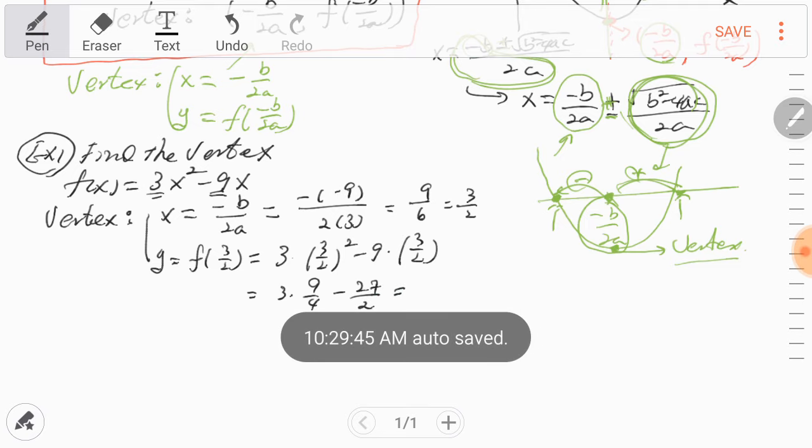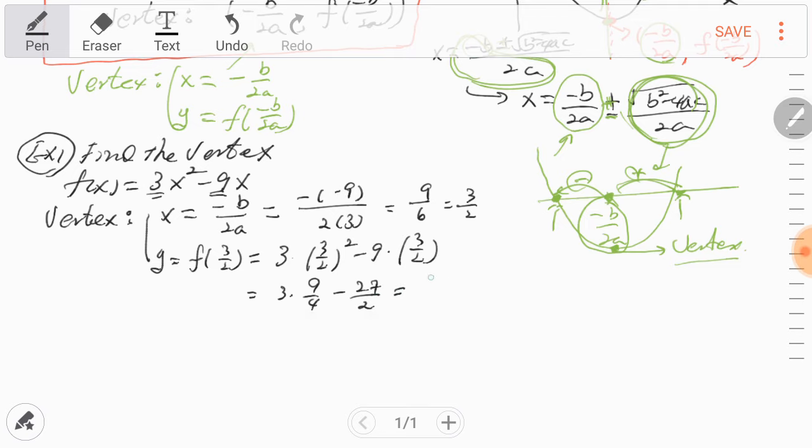So that is equal to 27 over 4 minus 27 over 2. Let's make the same denominator: multiply both the numerator and denominator by 2, then 54 over 4. So negative 27 over 4. So this is the y-coordinate. So the vertex is: the x-coordinate is 3 over 2, and the y-coordinate is negative 27 over 4.